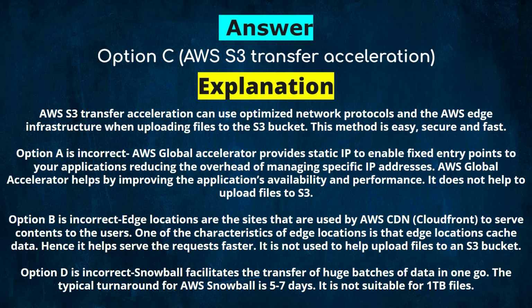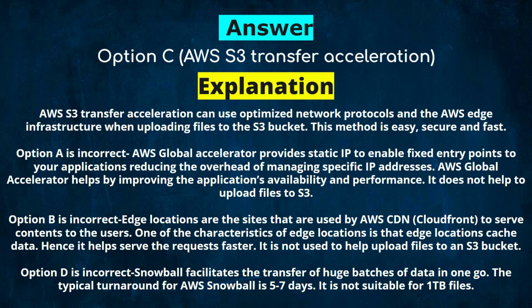Option A is incorrect. AWS Global Accelerator provides static IP to enable fixed entry points to your applications, reducing the overhead of managing specific IP addresses. AWS Global Accelerator helps you by improving the application's availability and performance. It does not help to upload files to S3. Option B is incorrect. Edge locations are the sites that are used by AWS CDN to serve contents to the users.